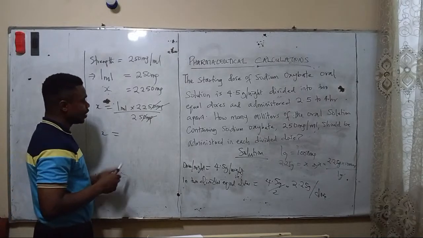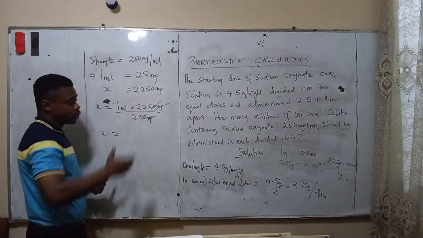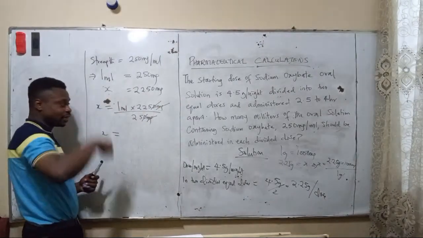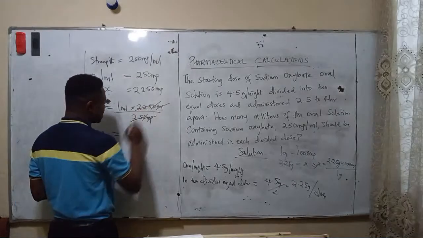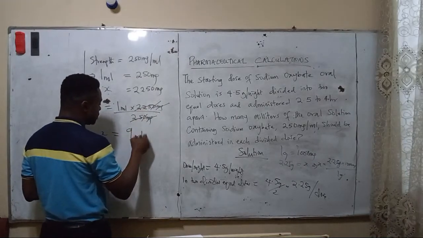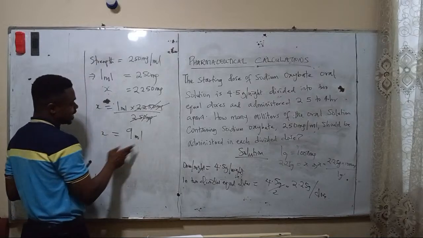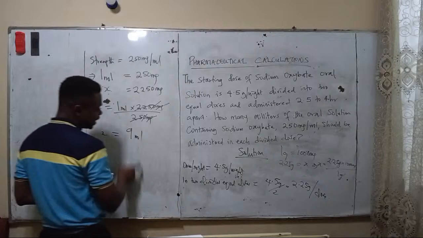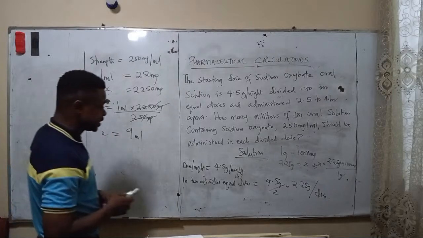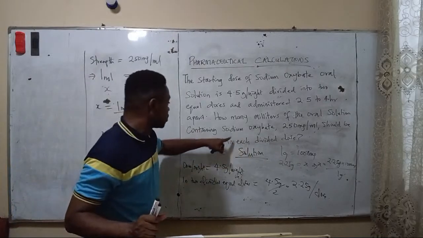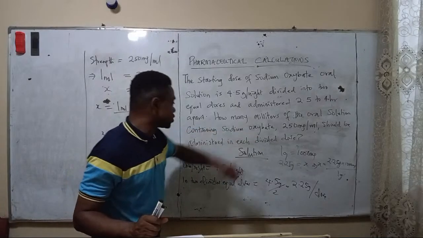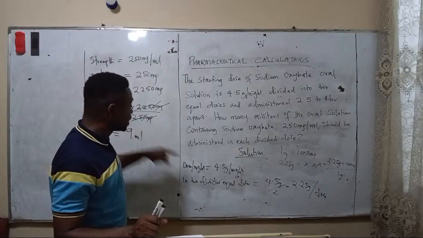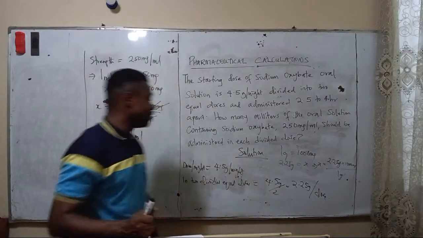10 times 25 will give you 250. So 9, if you subtract 25 from 250, you have 225. So this should be 9. This is what? 9 ml. So 9 ml of this sodium oxybate solution will contain 2.25 gram.